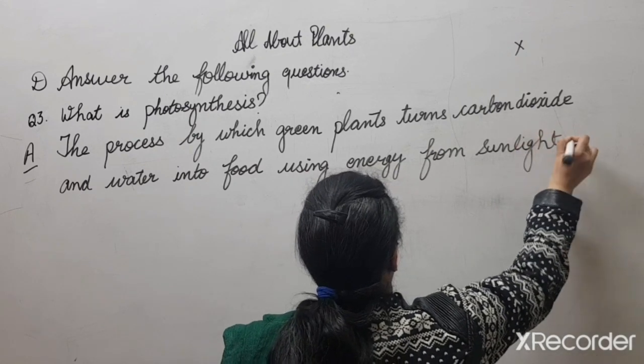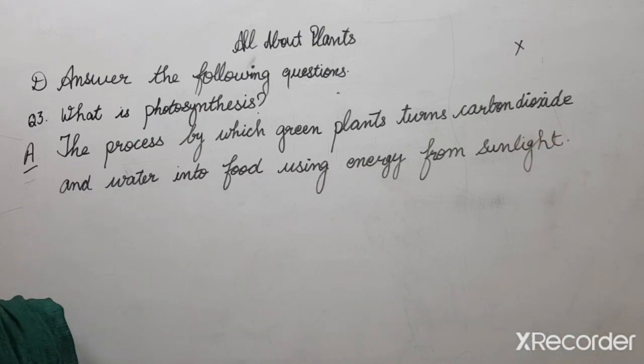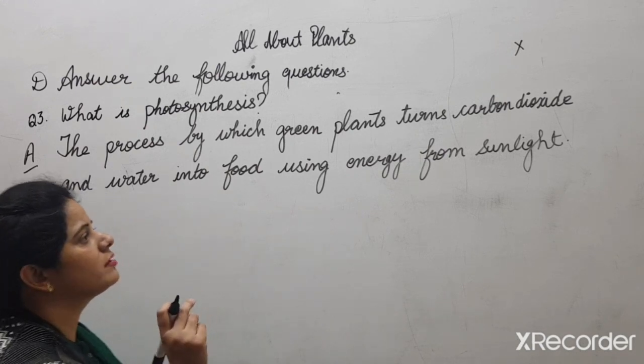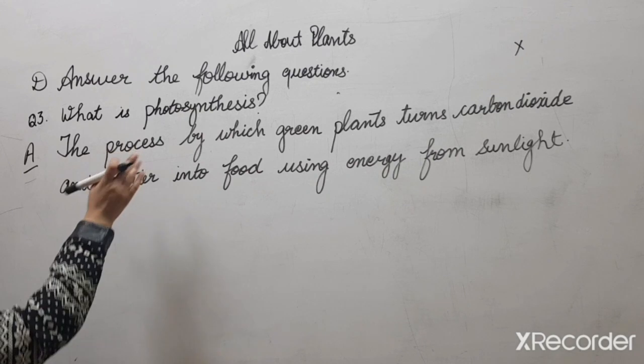If we see it in simple words, the process of preparing food, when the green plants prepare their food using sunlight, that process is known as photosynthesis.